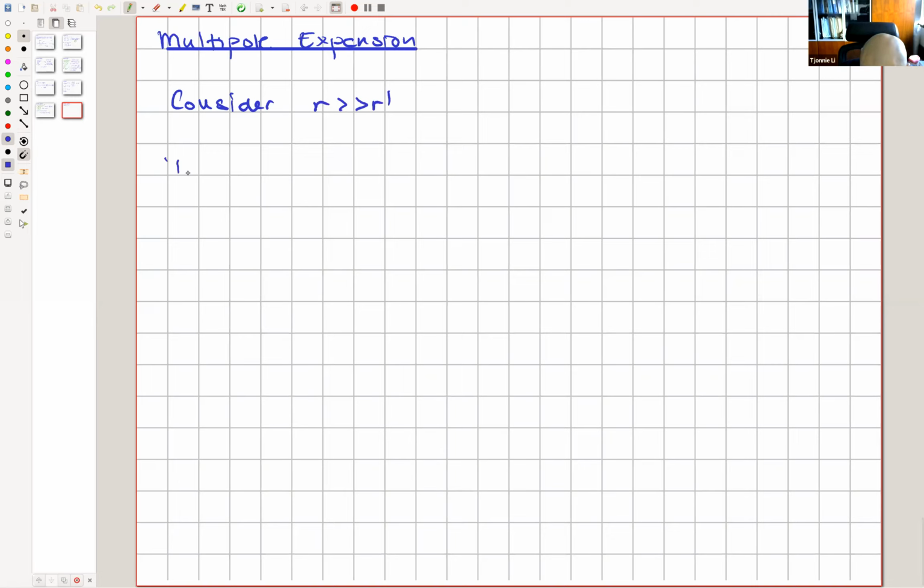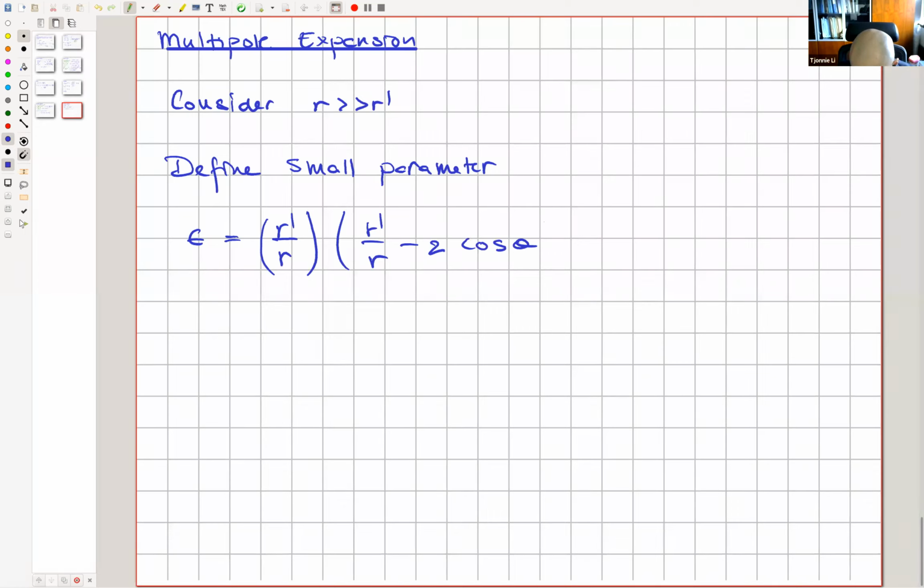Let's define a small parameter, epsilon, to be r prime over r times r prime over r minus 2 cosine theta, in such a way that 1 over r minus r prime is simply 1 over r times 1 plus epsilon to the minus one half.